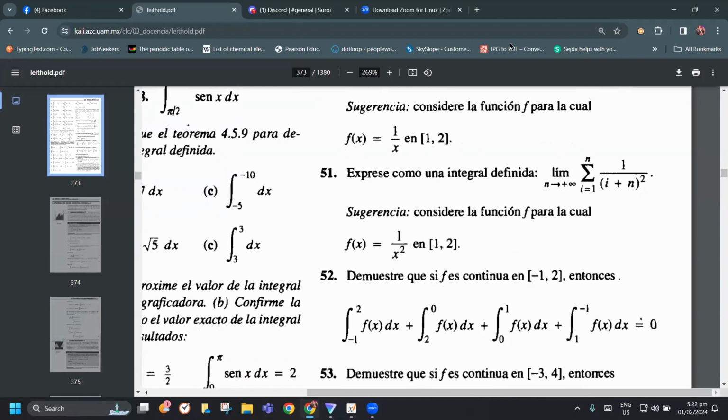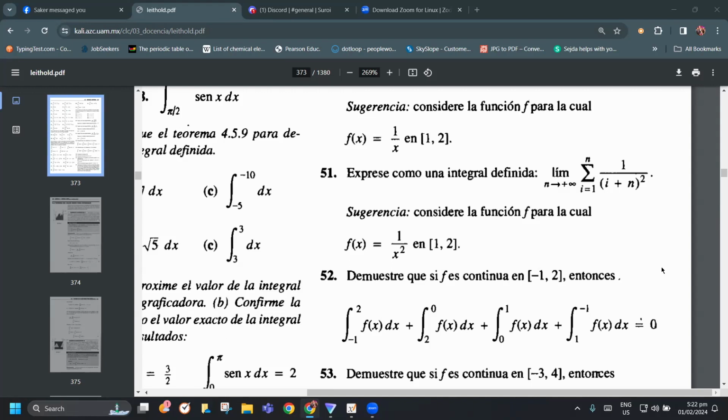Okay, so may error yung Spanish edition. Ano po yung tama? Tingnan mo yung book. 4.5.51.